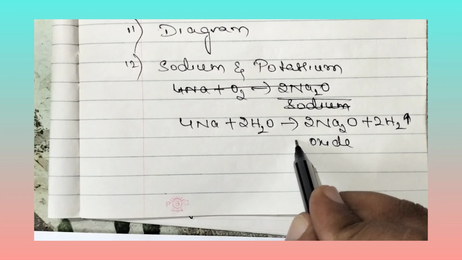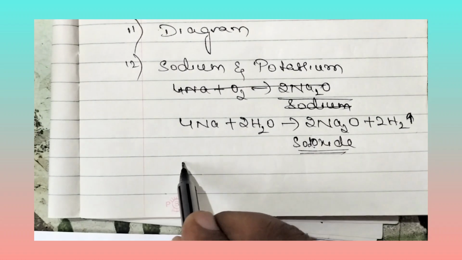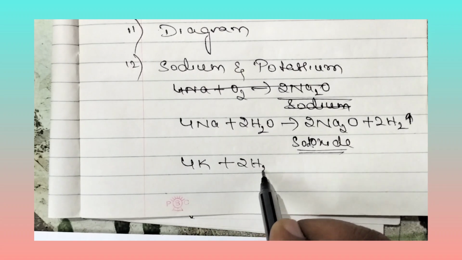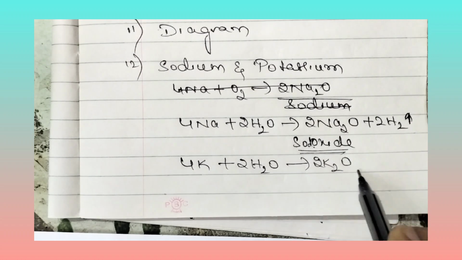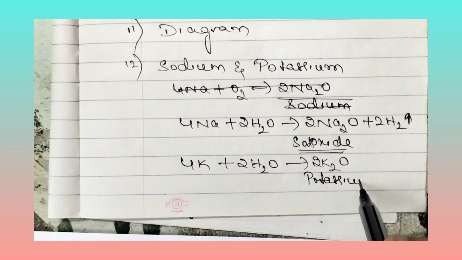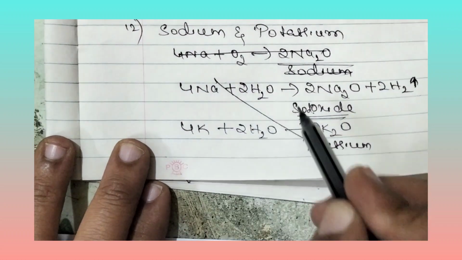Like that, potassium 4K plus 2H2O gives 2K2O, called potassium oxide. Sorry, this one is also wrong.